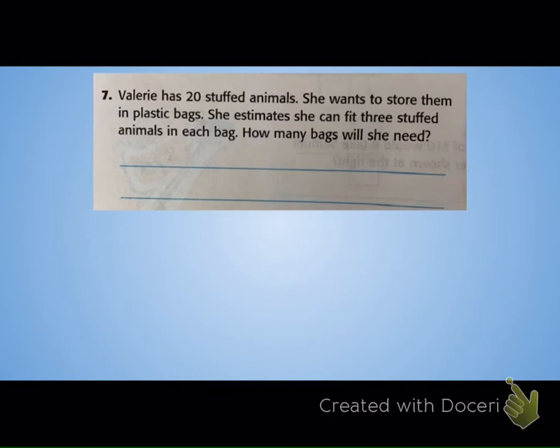So how many bags is she going to need? Well, we have 20 total stuffed animals. And it says that she can fit how many? 3 in each bag. So we're going to take the 20 stuffed animals and we're going to divide them into 3. Right? Because that's how many can fit into each bag.